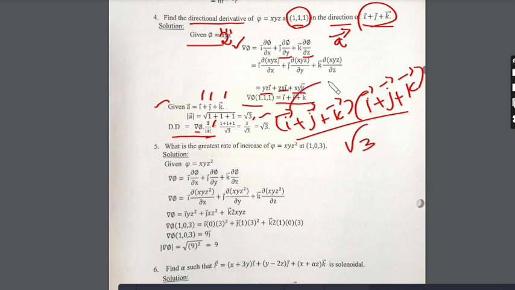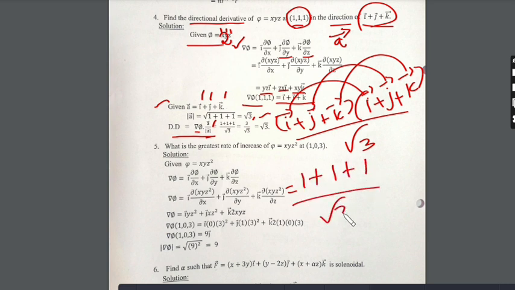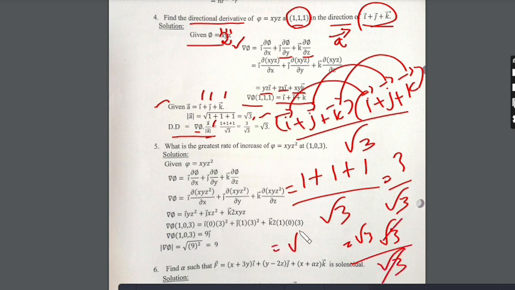Multiplying the coefficients, I get 1 plus 1 plus 1 divided by root 3, that is 3 by root 3. 3 can be written as root 3 into root 3. The denominator root 3 cancels, so I remain with the value root 3. So here is the answer for the directional derivative.